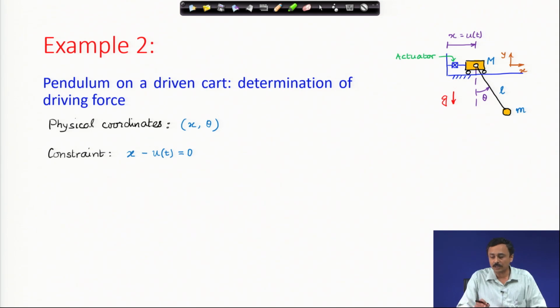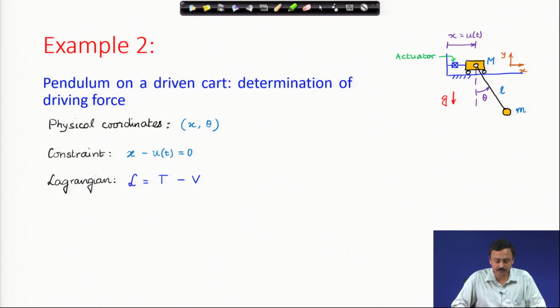If you recall, if x is given explicitly as a function of time, we were not taking it as a coordinate, but now I am going to take it as a coordinate in order to break that constraint and allow the constraint force to do virtual work. Our physical coordinates are x and theta, and our constraint is x minus u of t equals 0.